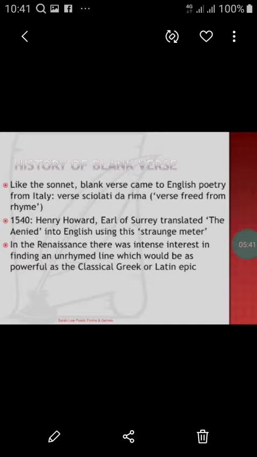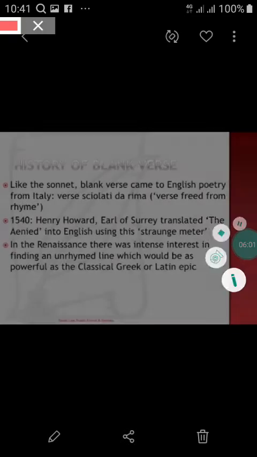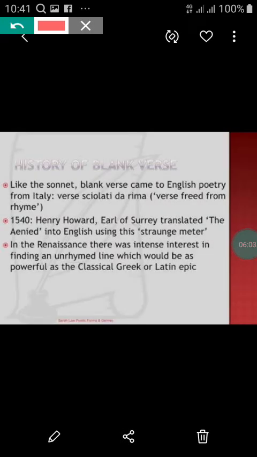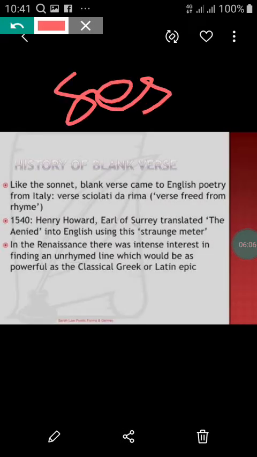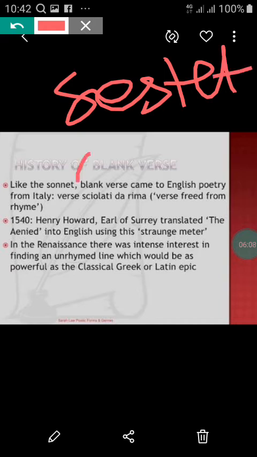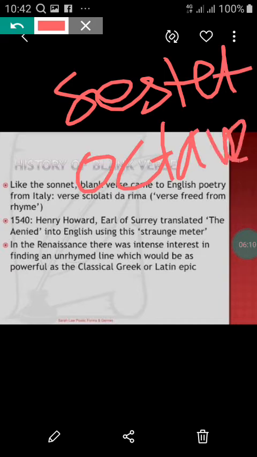After that, Surrey brought it into English, and ultimately to Elizabethan poets like Shakespeare, who further refined it and added three quatrains and ultimately two couplets as well. Before that, poetry was sestet and octave, which was given by Petrarch, the Italian sonnet.